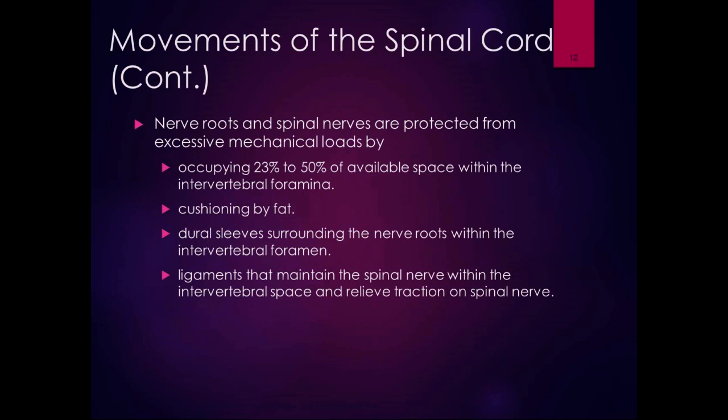Cushioning by fat protects the nerve roots and spinal nerves. Yay, fat, right? The dural sleeves surrounding the nerve roots within the intervertebral foramen also protect them. And ligaments maintain the spinal nerve within the intervertebral space and relieve traction on the spinal nerve. So we have a lot of structures in our body that are protecting the nerve roots and spinal nerves. And it's when those structures get compromised that we end up with problems.